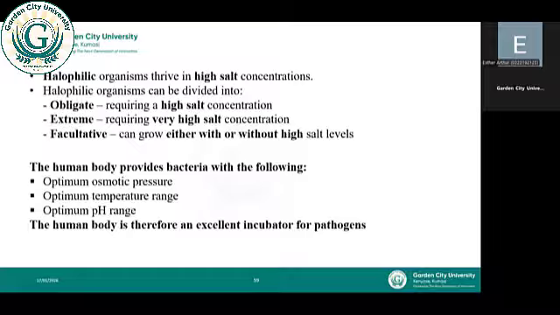So most of them can cause infections in several parts of the body. That's why you can have infection by E. coli in the urinary tract. You can have them in the gastrointestinal tract. You can have them in the blood because they can survive in aerobic and anaerobic conditions.